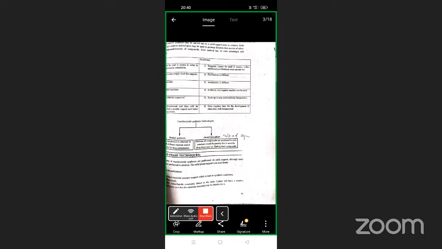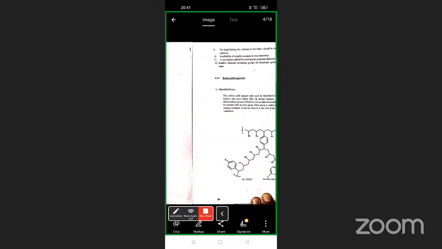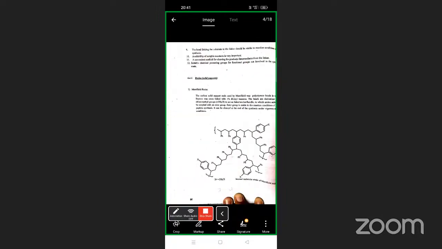And the third requirement is the suitable conditions here. And the next requirement is the availability of suitable reactants. Reactant in the sense, the building blocks here. Okay, the building blocks are the next requirement here.